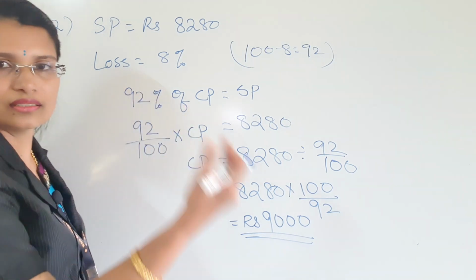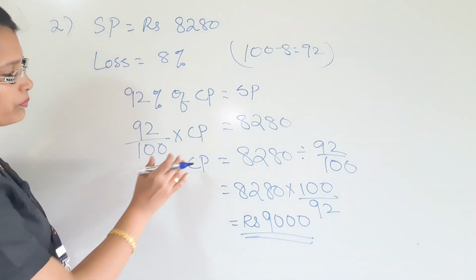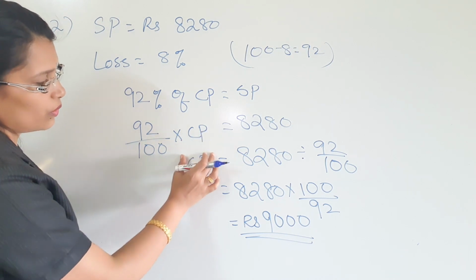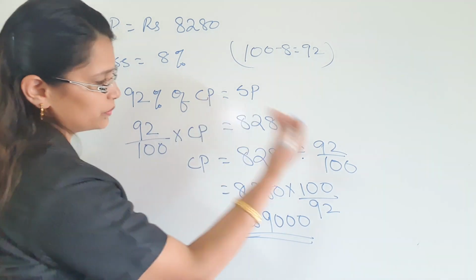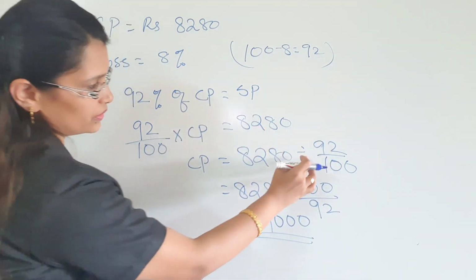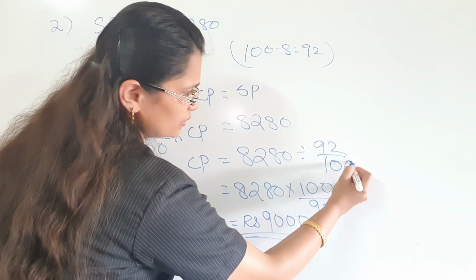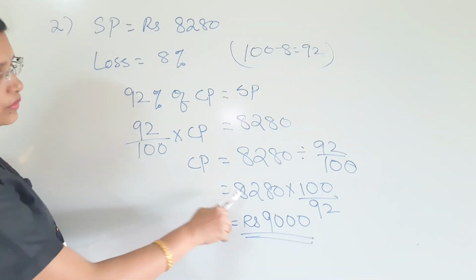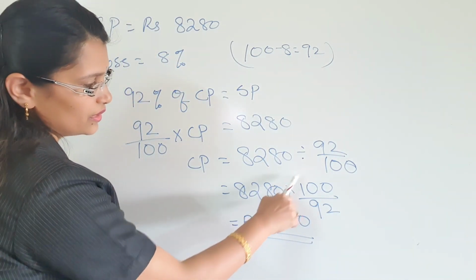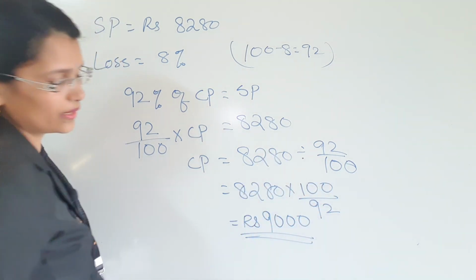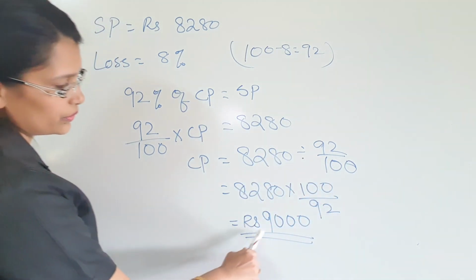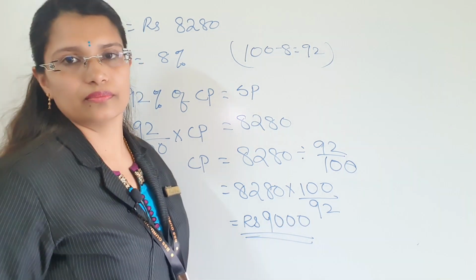If it is addition, subtraction. Here we need to find out only CP. That's why we should take this complete term to right side. So this multiplication goes to division. Then 92 by 100 is equal to 8280 into 100 by 92. That means take the reciprocal and then multiply, is equal to rupees 9000.